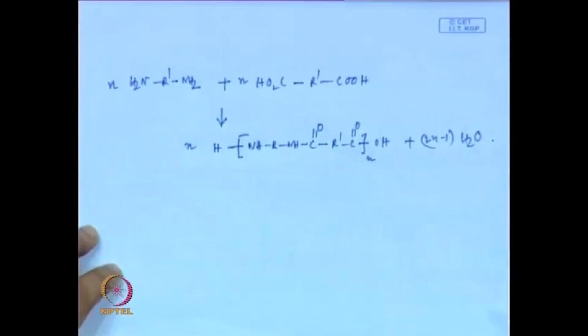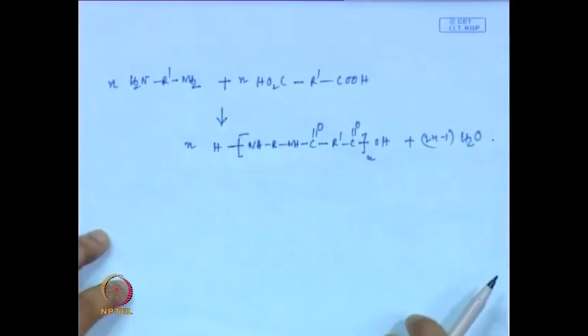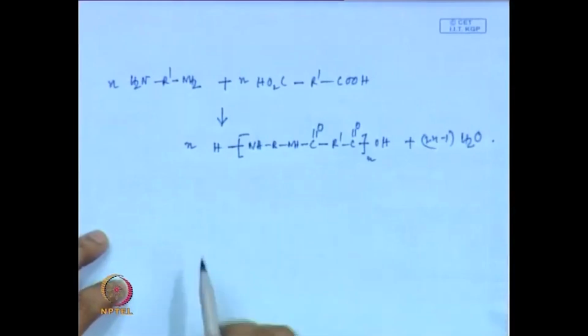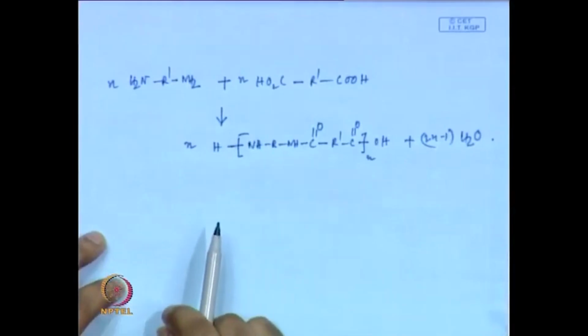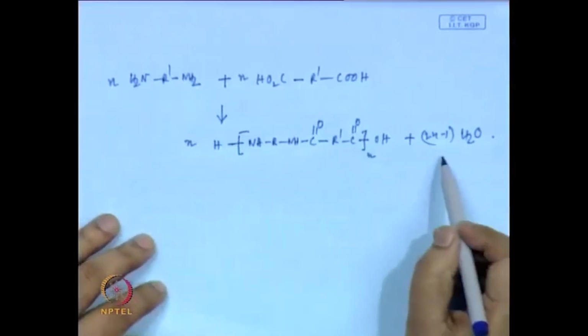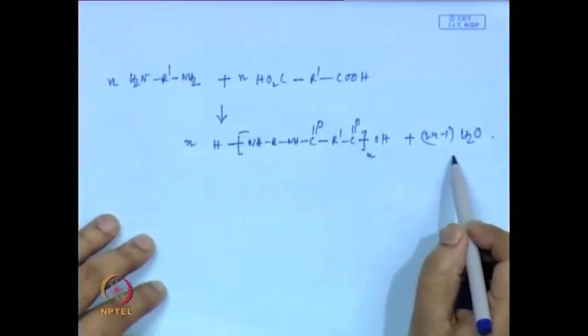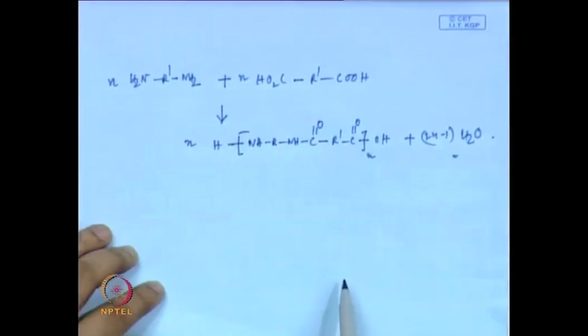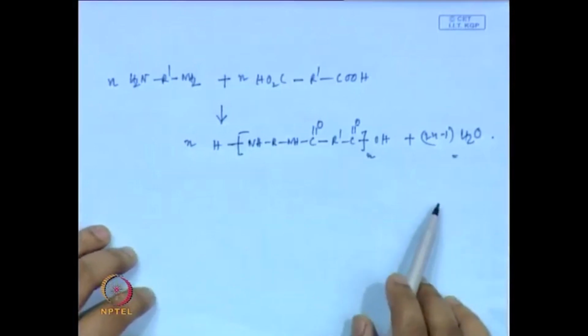So, in both the examples, in the last case when you made polyester, or in this case where we are making polyamides, we have elimination of these small molecules, in this case water.